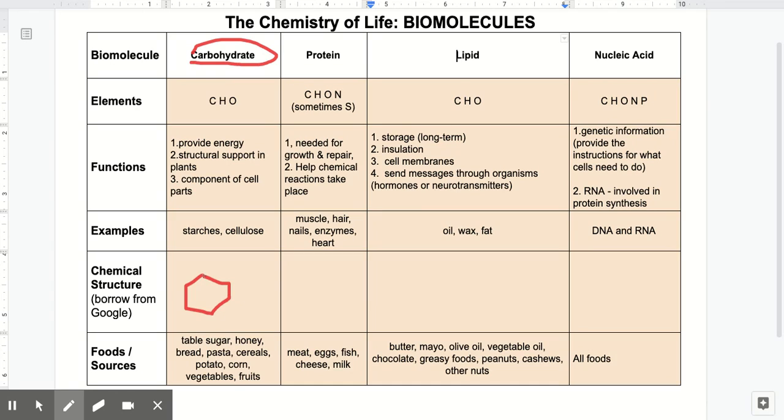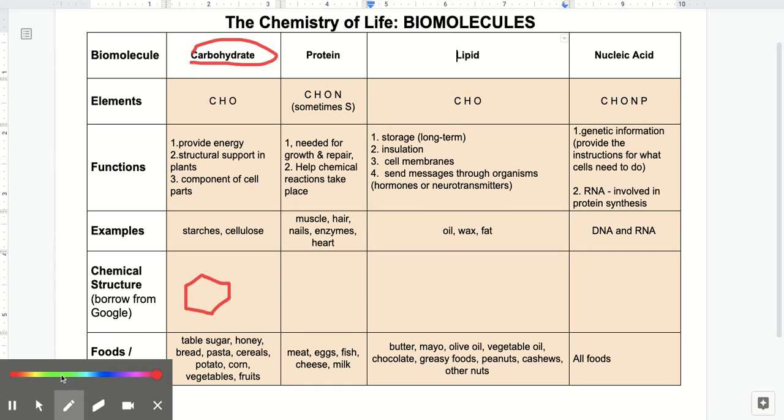In terms of food, we're looking at sugars, pastas, breads, cereal, potatoes. That's a common starchy plant storage vegetable, some vegetables, corn, and so on and so forth.